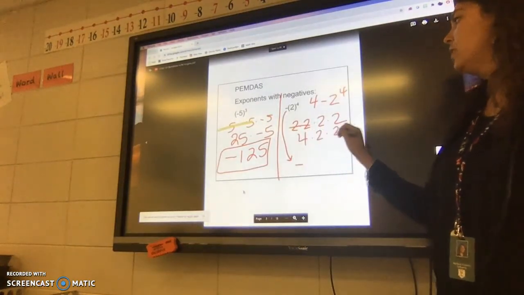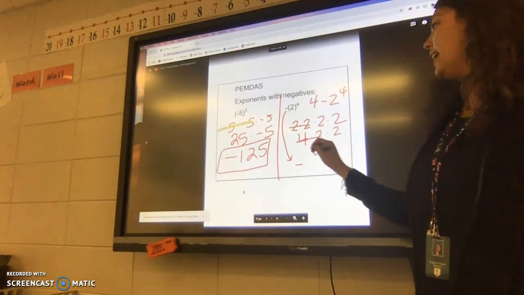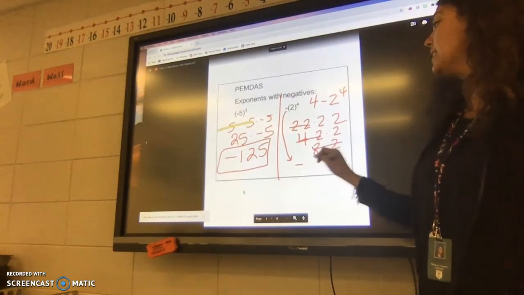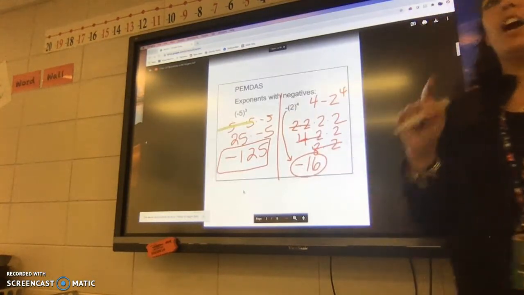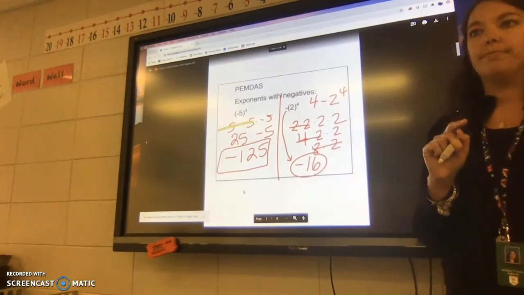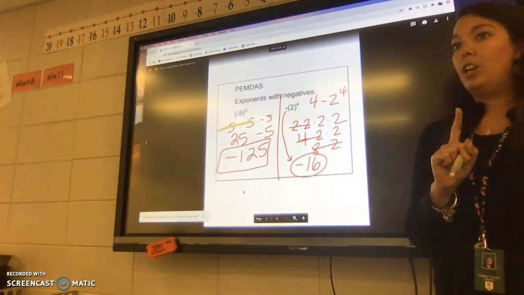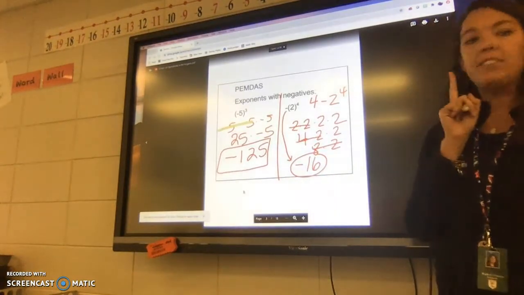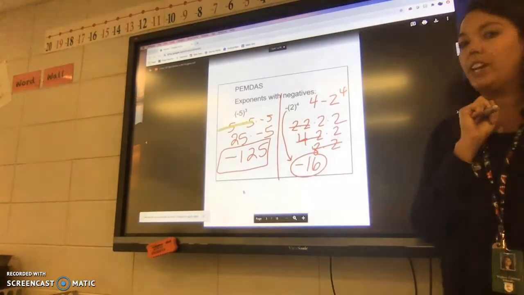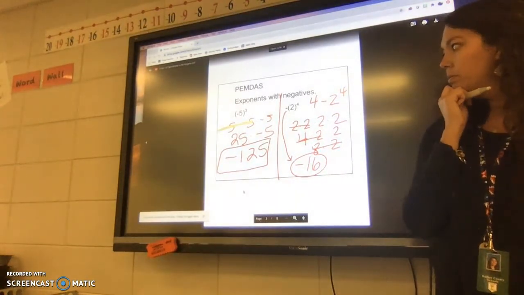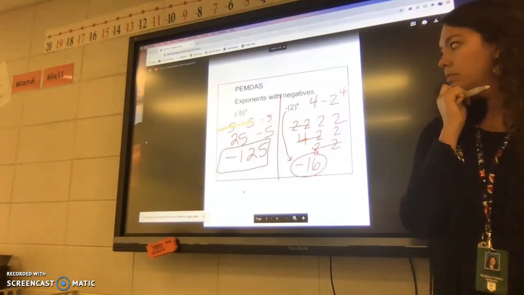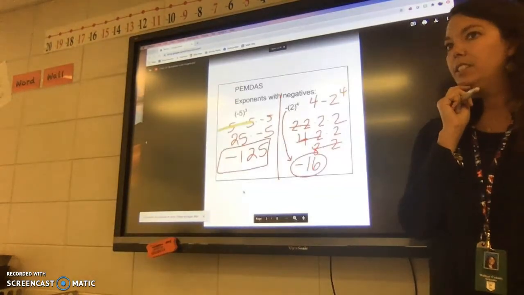Bring everything down. 2 times 4 is 8, and 8 times 2 is 16. It will be negative because of the negative on the outside. Okay? So, that's something we have to keep in mind because these are going to happen. They will come up. Any more questions on those?